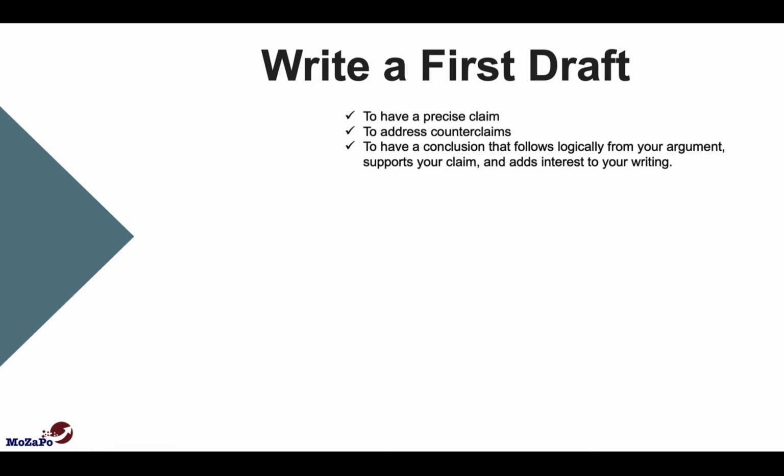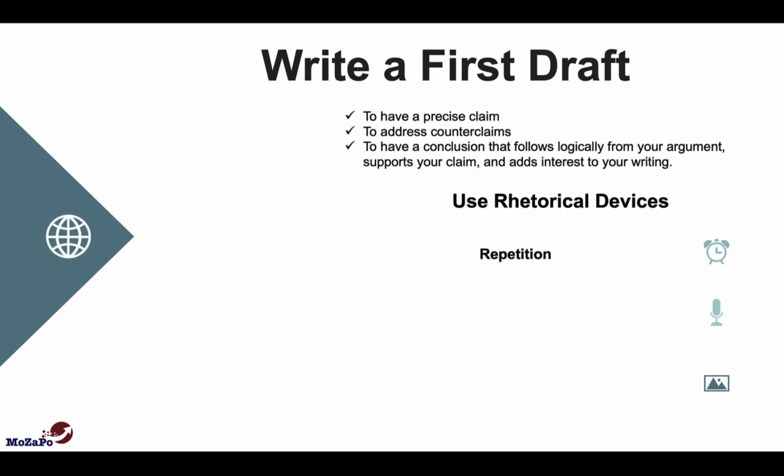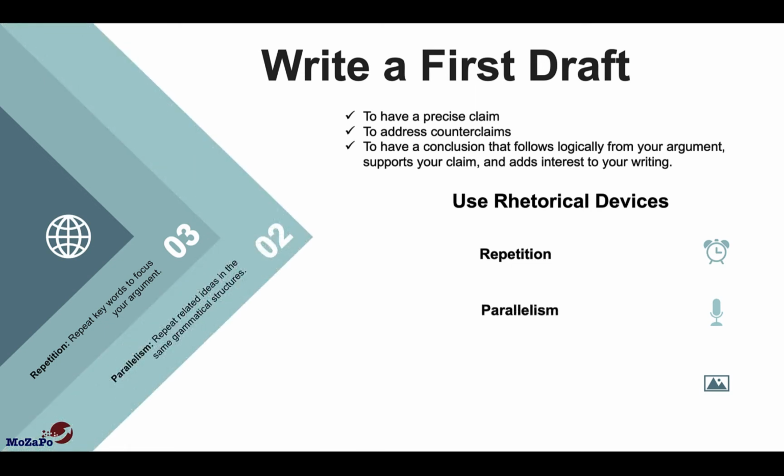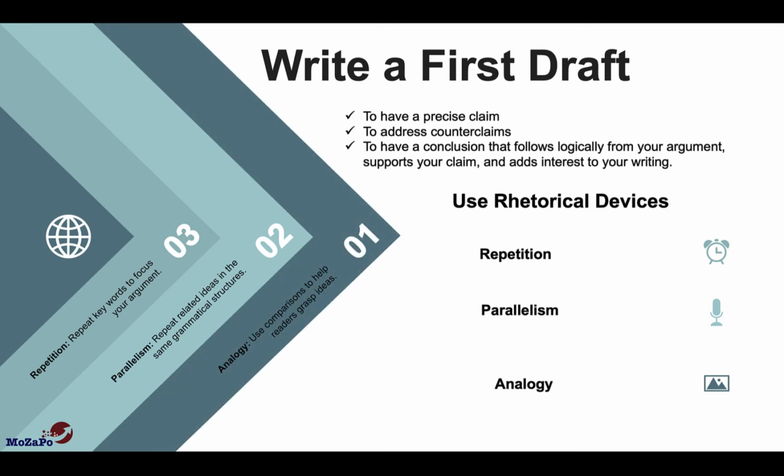Now, to write your first draft, you should use some rhetorical devices. In this video, I'm going to go over repetition, as you see, repeating keywords to focus on your argument, parallelism, repeating related ideas in the same grammatical structures, and analogy, using comparisons to help readers grasp ideas.